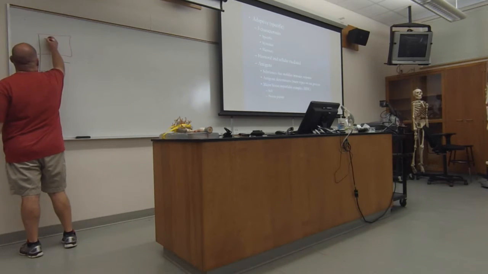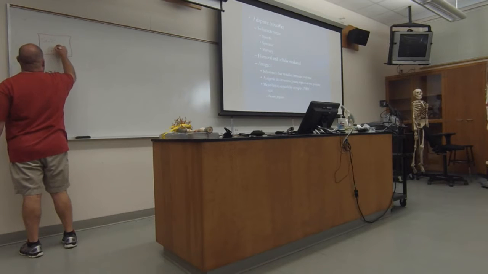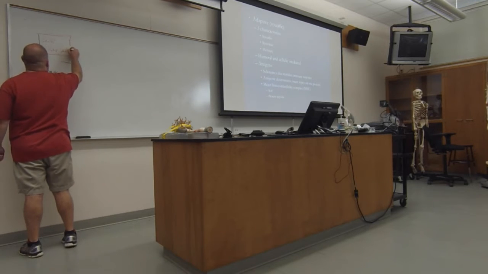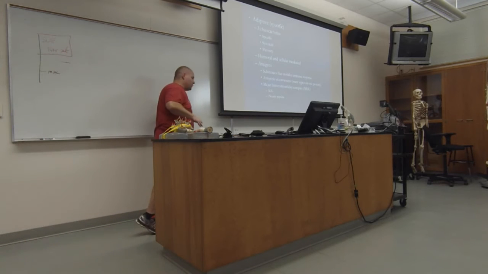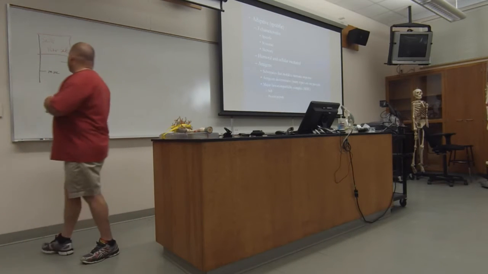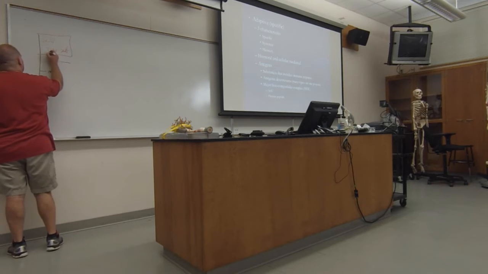That's the flag. And it's either going to say self or not self. And again, now that we're in the adaptive process, there's also going to be those little symbols that I talked about.